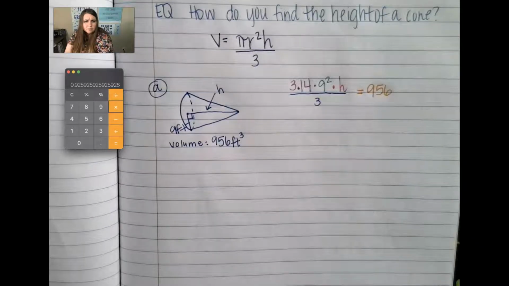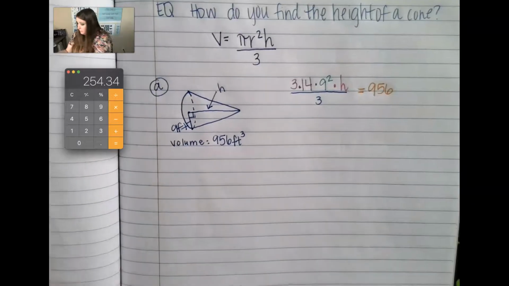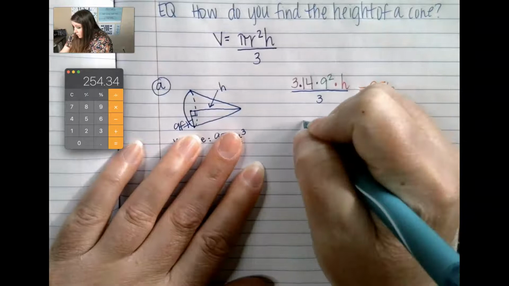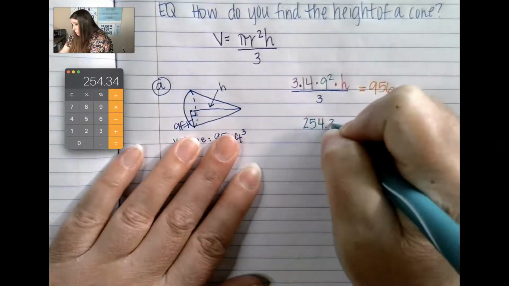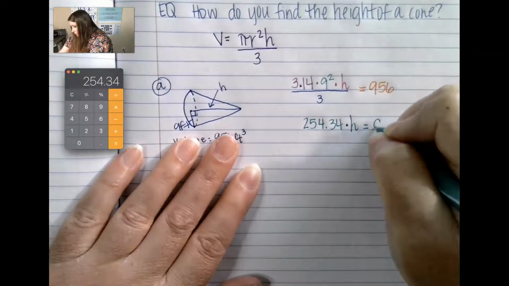So we have 81 times 3.14, and that gives us a total of 254.34. We're still multiplying by h.